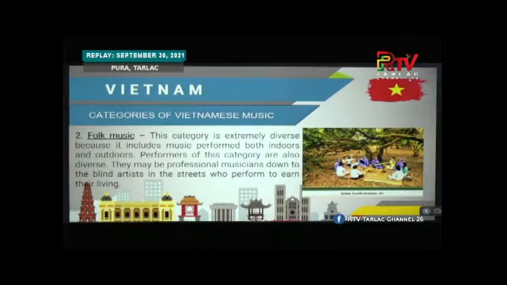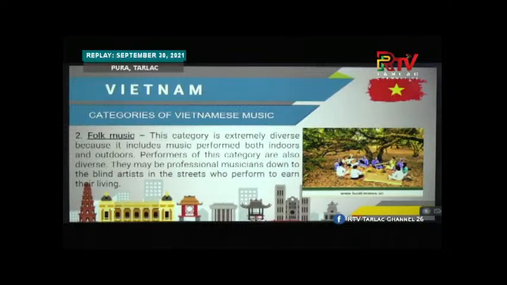Number 2, folk music. This category is extremely diverse because it includes music performed both indoors and outdoors. Performers of this category are also diverse. They may be professional musicians down to the blind artists in the streets who perform to earn their living.